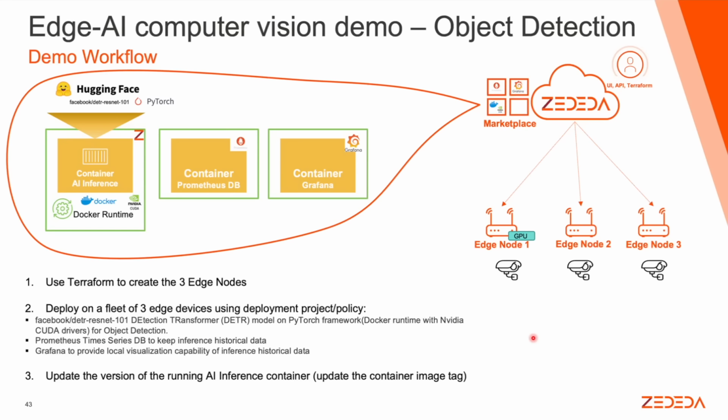We made the container available in the Docker Compose runtime, and in that runtime you also make available the NVIDIA CUDA drivers, so that in case there's a GPU available in that device, the container can actually consume those CUDA cores, right?